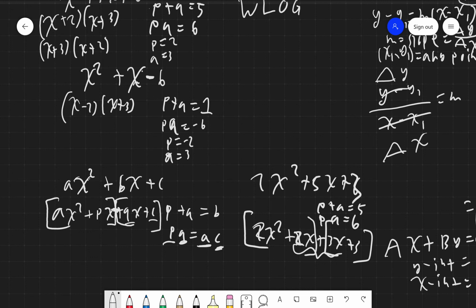Now we can factor these two separately to get 2x times (x plus 1) plus 3 times (x plus 1).